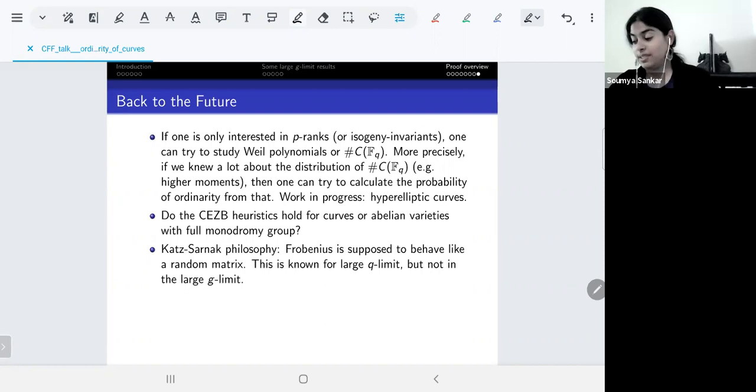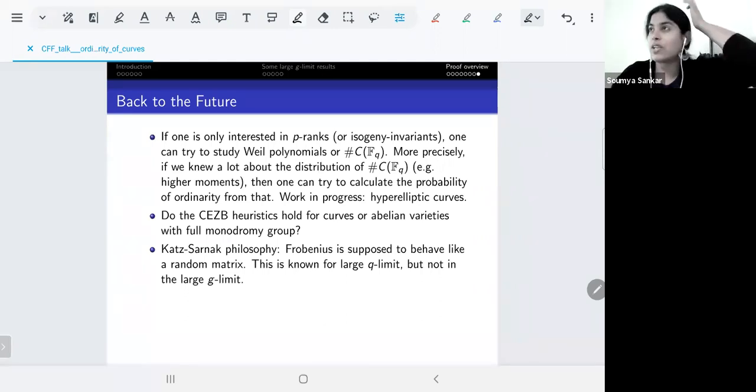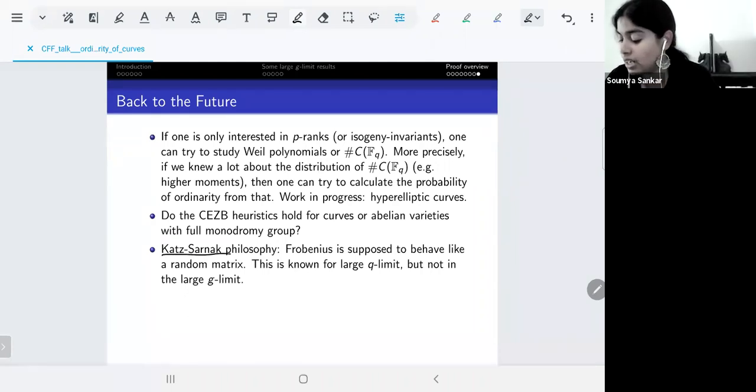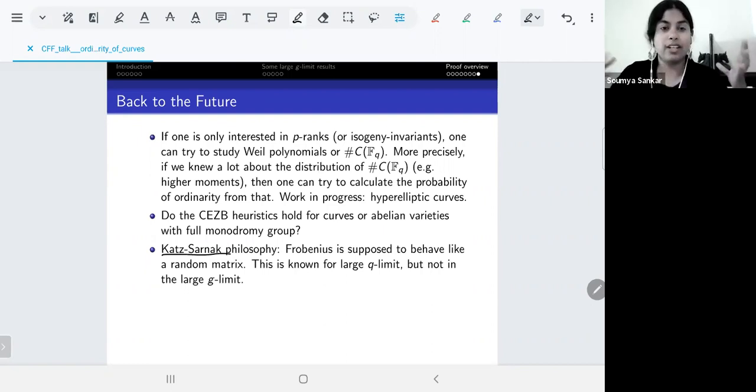And all of this also ties nicely into the Sarnak philosophy. You could ask, why should you expect that this limit should be nice at all? And this ties in with the equidistribution of Frobenius statement. Katz and Sarnak have this nice result about how Frobenius is equidistributed, but that's known only for the large q limit, so that you get a main term and an error term, and the error term goes to 0 when q gets large.